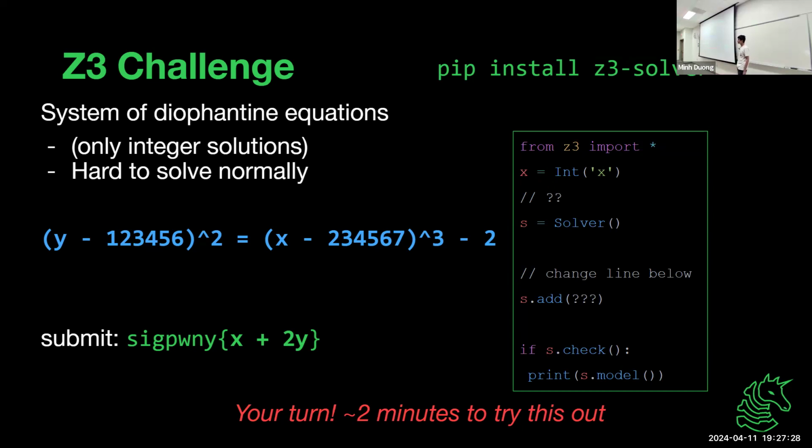We'll post the slides so you can try this later, but I encourage everyone to try it out now. If you want to install it, make sure you install z3-solver and not z3. z3 is some other library. So uninstall z3.